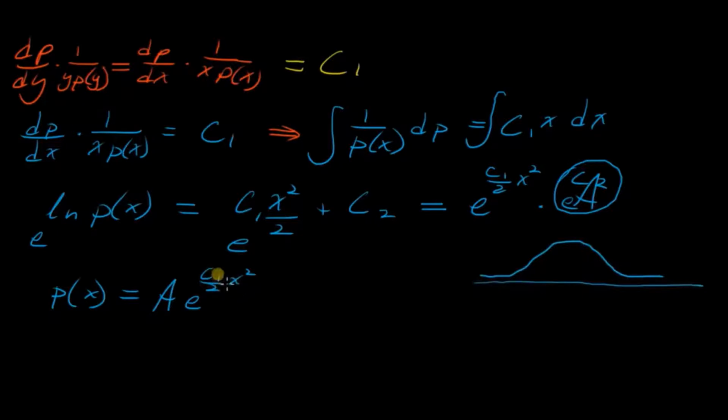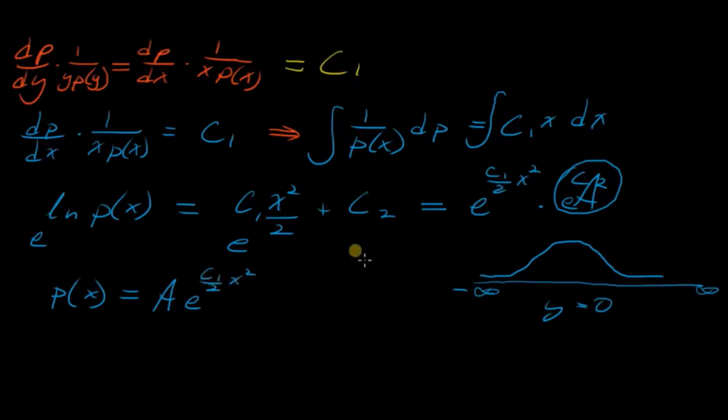But if C1 is positive, this is going to be growing. And that's certainly not what we want it to do. So we're going to have to make this drop as x goes to infinity or negative infinity. That's going to make the line y equals 0 asymptotic. And that will happen if we make sure that C1 is negative.